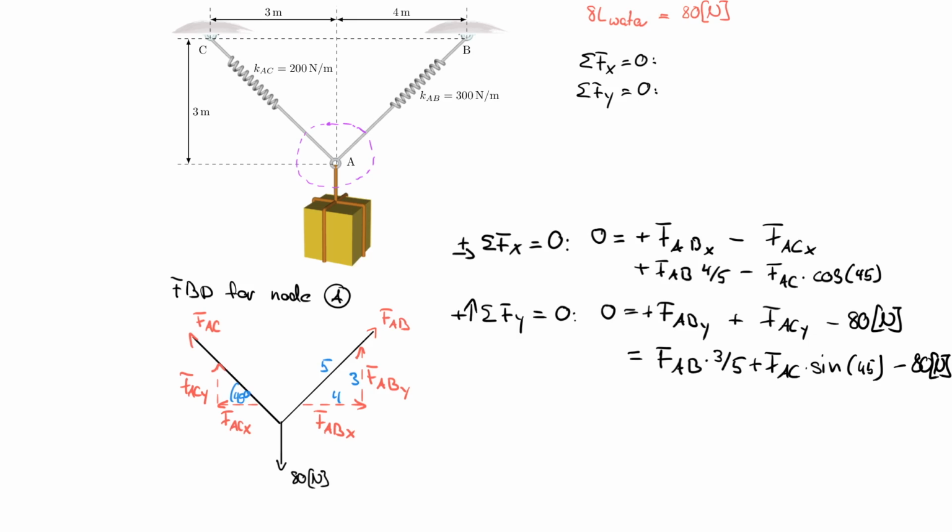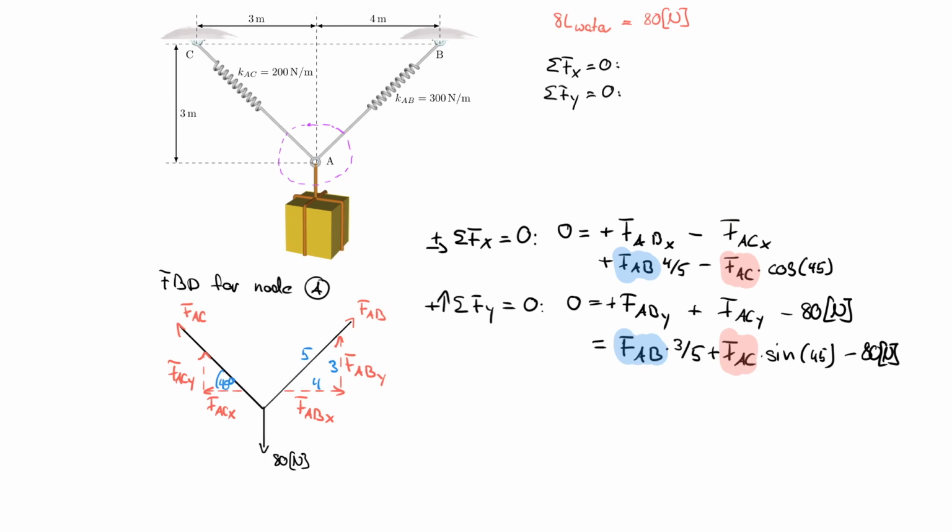And that can now be solved because we have 2 equations, 1 and 2, with 2 unknowns. For educational purposes, let's highlight them. These are identical to one another, so this is equation 1 and this is equation 2, which I can solve by the substitution method, which I don't believe I have to show you once again. I will just give you the results.